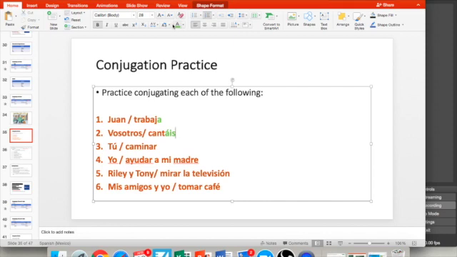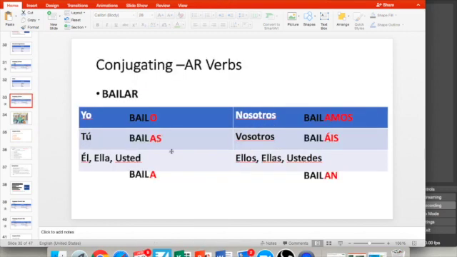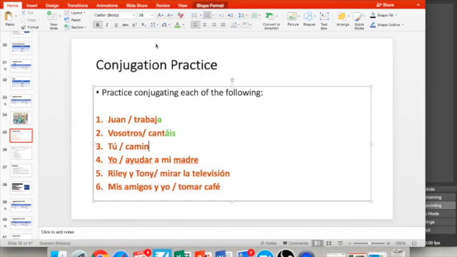Okay, now that you've had a second to try those, as you look at these, you know the first thing you're going to do is chop off your AR. Tú and caminar, you, to walk. So I've removed my AR in caminar. I need to find my ending for the tú form, this middle left box, which you know is an AS. So to say that you walk, I'm going to say tú caminas. You walk.